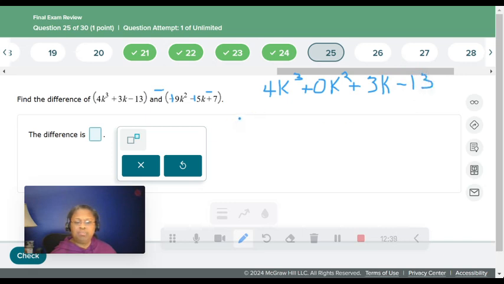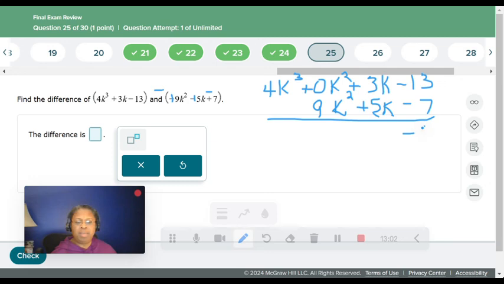And they want us to subtract this one. So that's going to be 9k squared plus 5k minus 7.